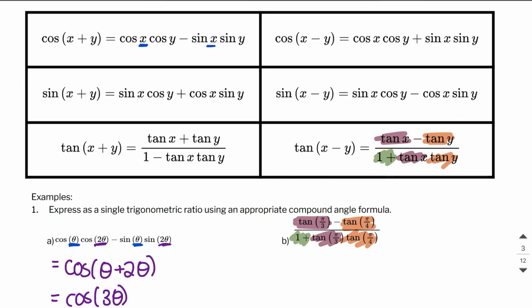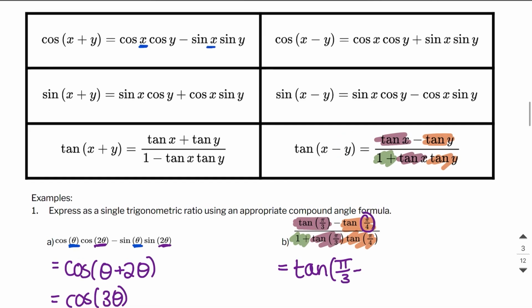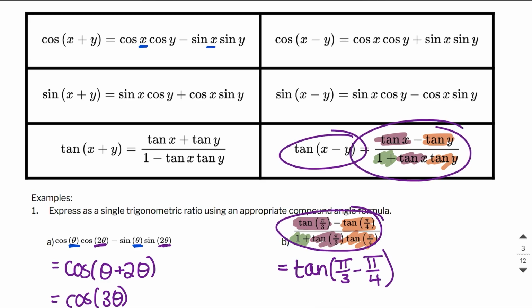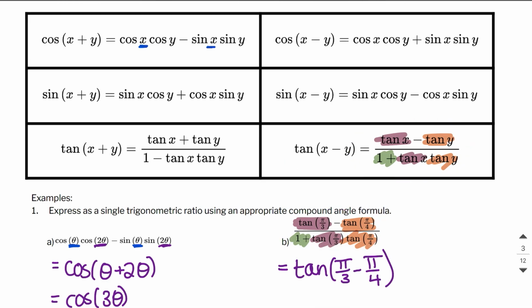So this means that this whole entire thing is going to be equal to the tan of the first angle, which is pi over 3, minus the second angle right here, which is pi over 4. And I know to use minus because this matches up with this, and this says to use minus. All right, cool. So now I just have to figure out what this is going to be.